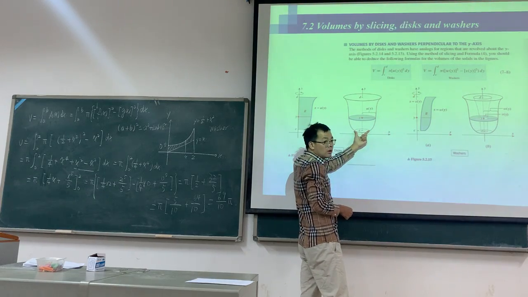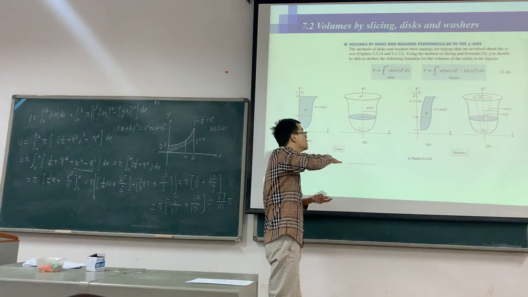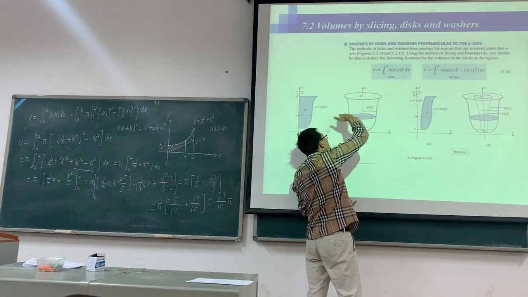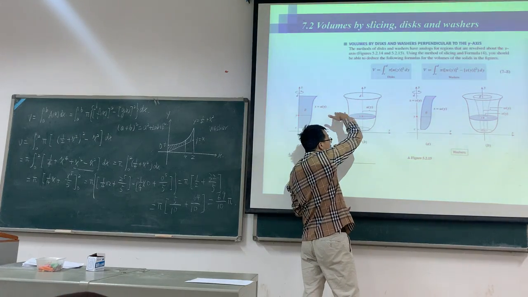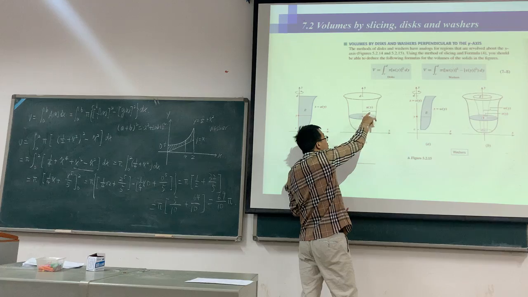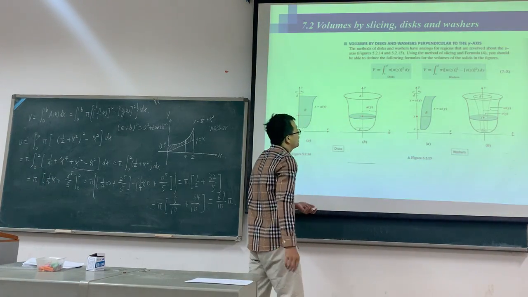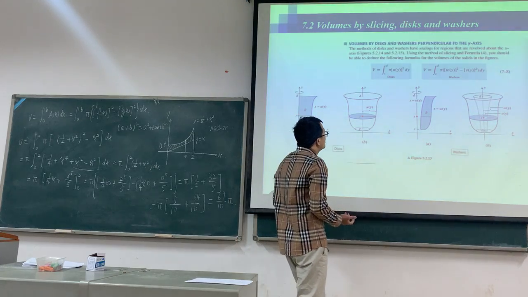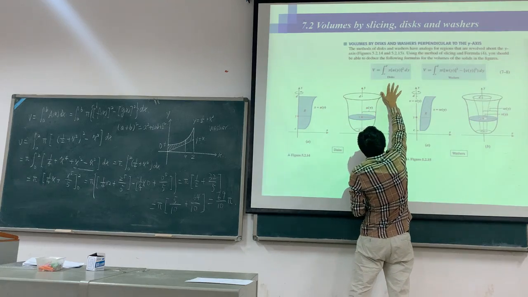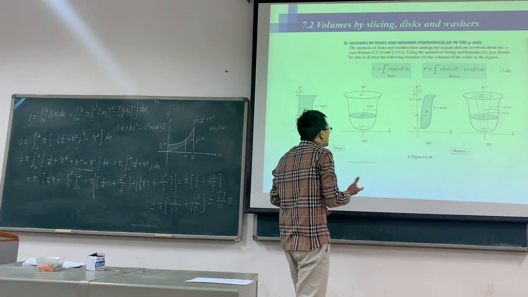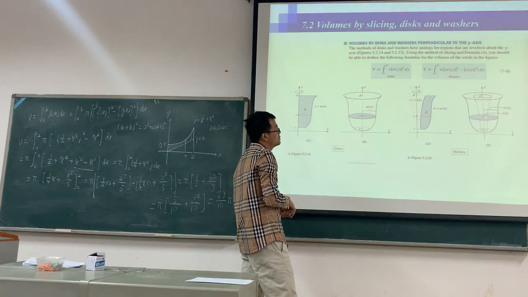For this solid, we cut it along the y-axis, so the area of the cross section is pi u(y) squared. The volume is V equal to the definite integral of pi u(y) squared from c to d.